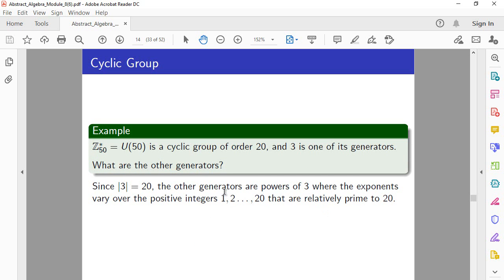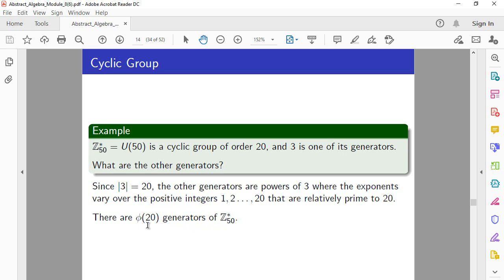Okay, so the other generators would be the powers of 3 where the exponents are relatively prime to 20. So how many generators then do we have for Z50 star? Well, there are phi of 20 generators for Z50 star because phi of 20 is the number of integers between 1 and 20 that are relatively prime to 20.